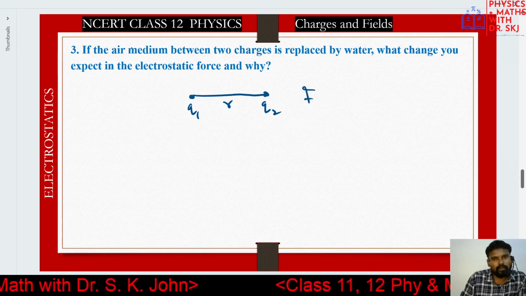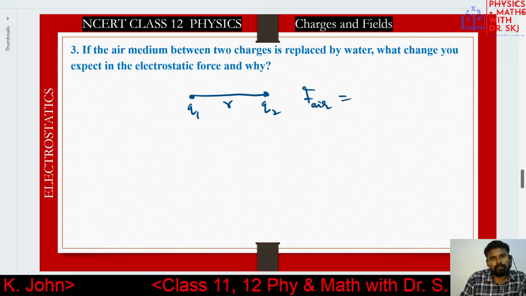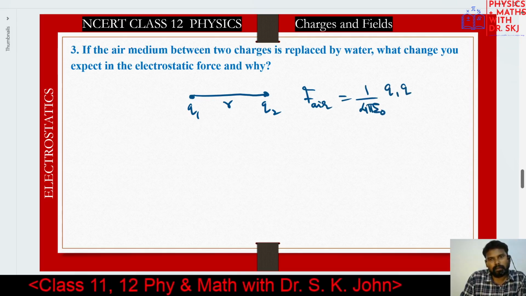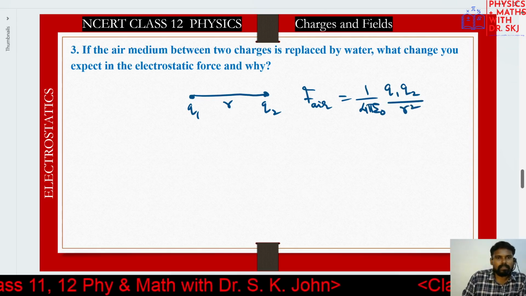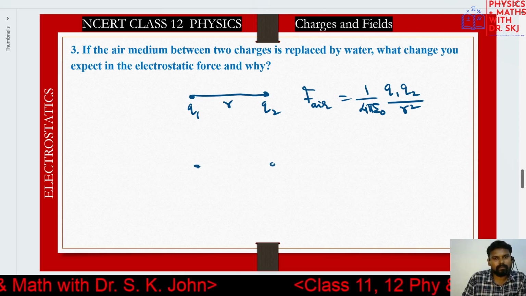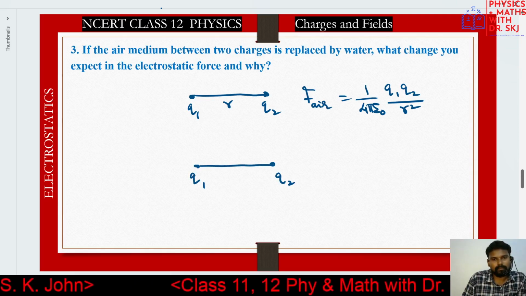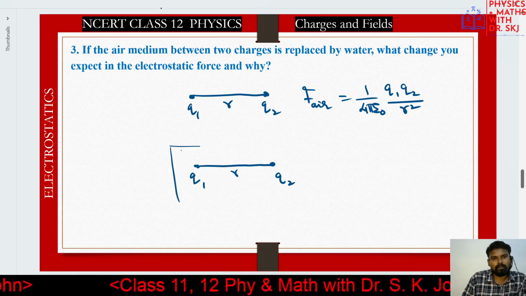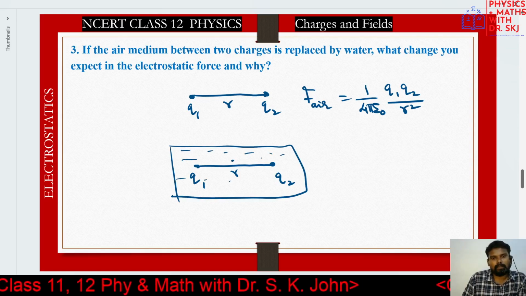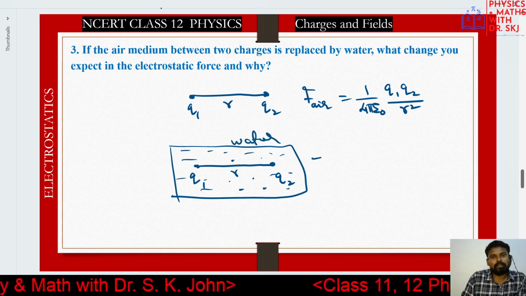So the force, F air, is 1 by 4 pi epsilon 0 Q1 Q2 by r square, since air is a medium. Suppose these charges are kept in water, the system of charges are kept in water, then the equation changes.